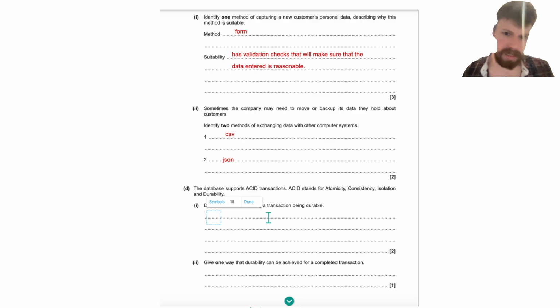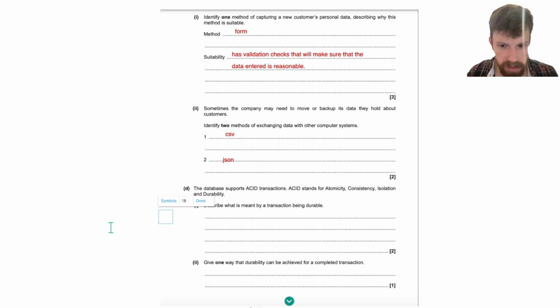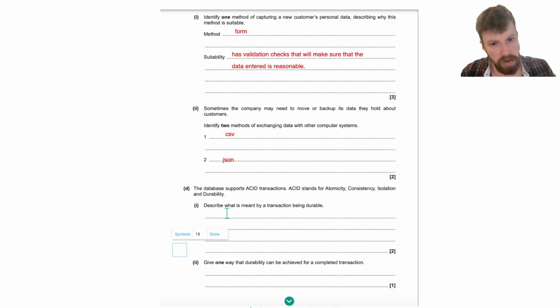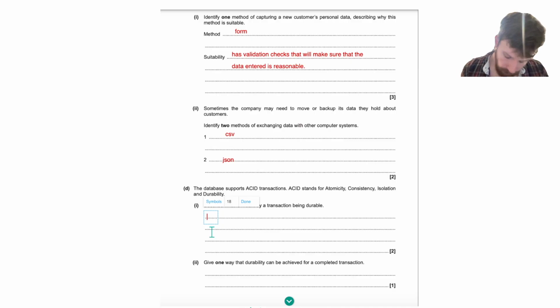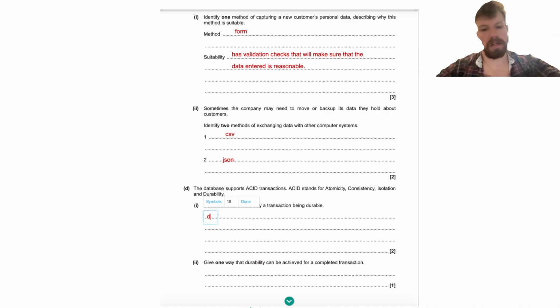The database supports ACID transactions. ACID stands for atomicity, consistency, isolation, and durability. Describe what is meant in terms of durability. So there's a lot of this stuff where it's just about knowing the definition and knowing the buzzwords. So data is committed and is not lost even if there is a power failure.